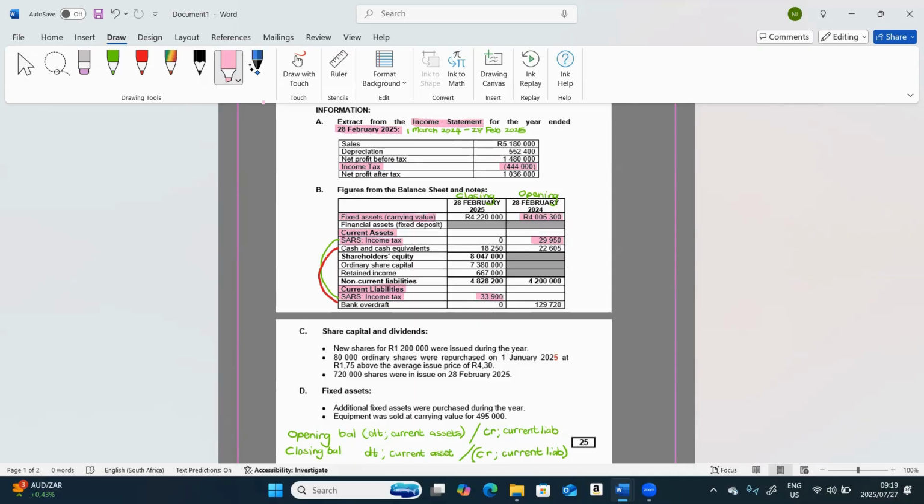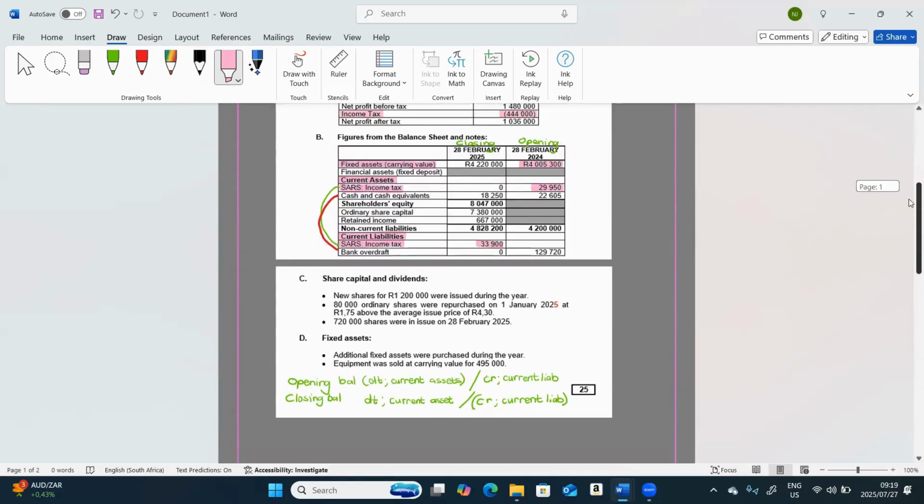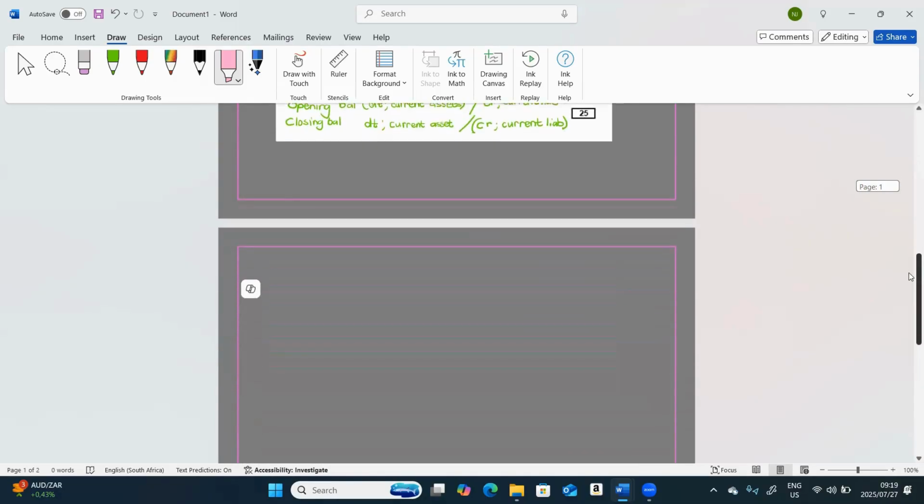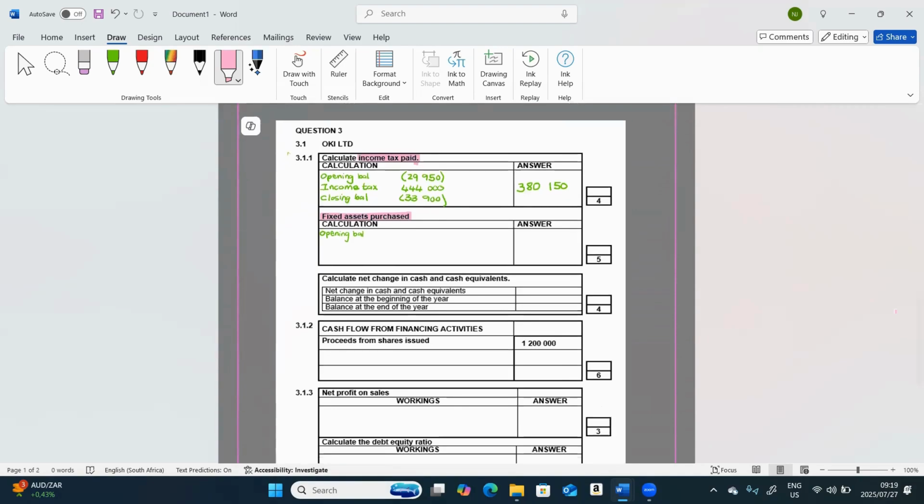We start with our opening balance. Let's go ahead. The opening balance is 4,005,300. Let's write that down. Okay, that is our opening balance. And remember, this is at carrying value, so the depreciation is already subtracted.